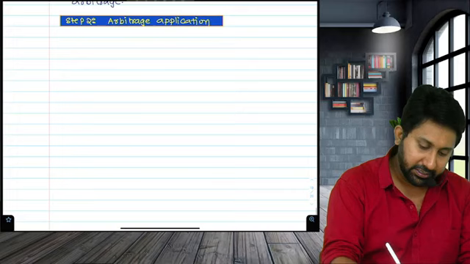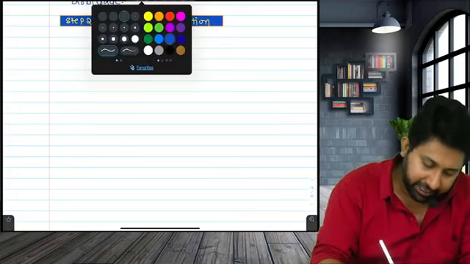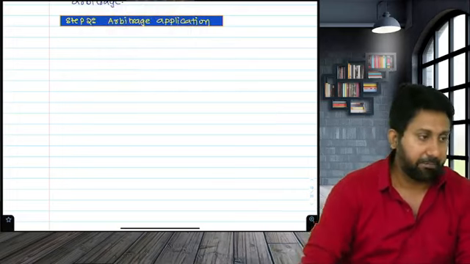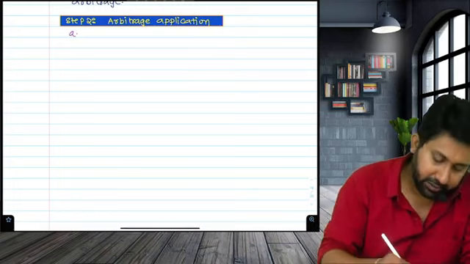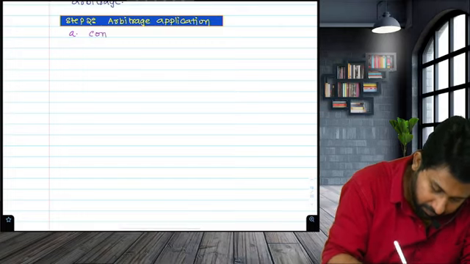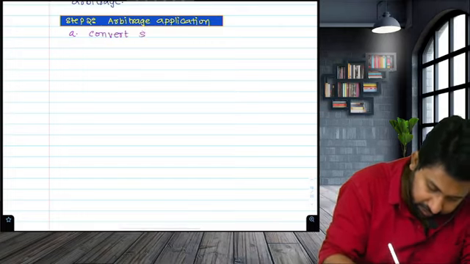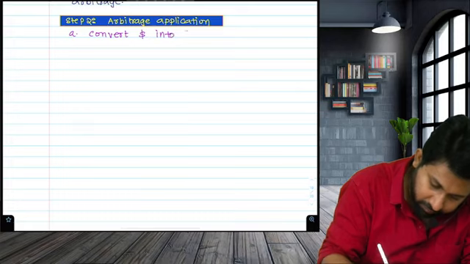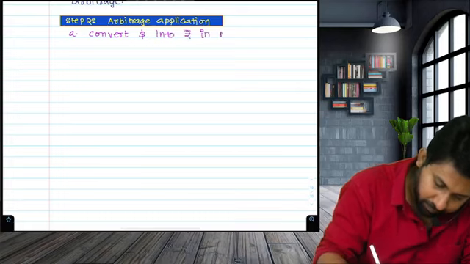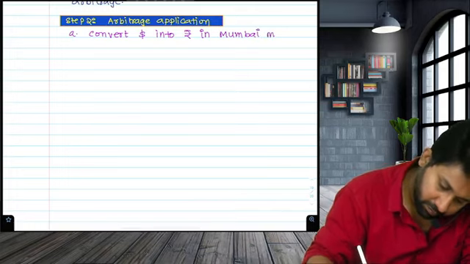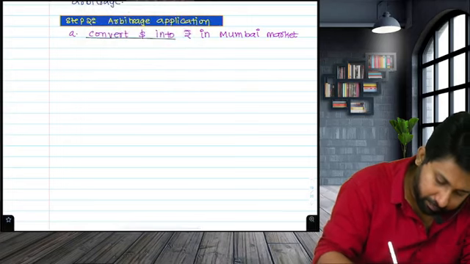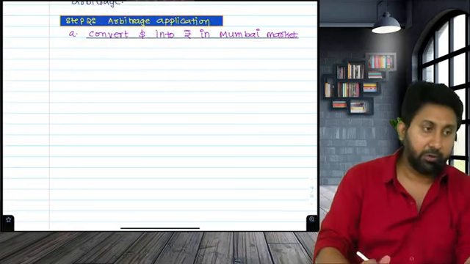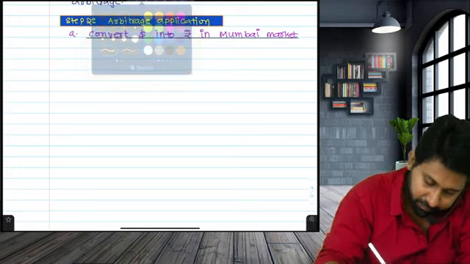Okay, now see here, arbitrage application. Let us see now. Write down step A: convert dollars into rupees in Mumbai market.